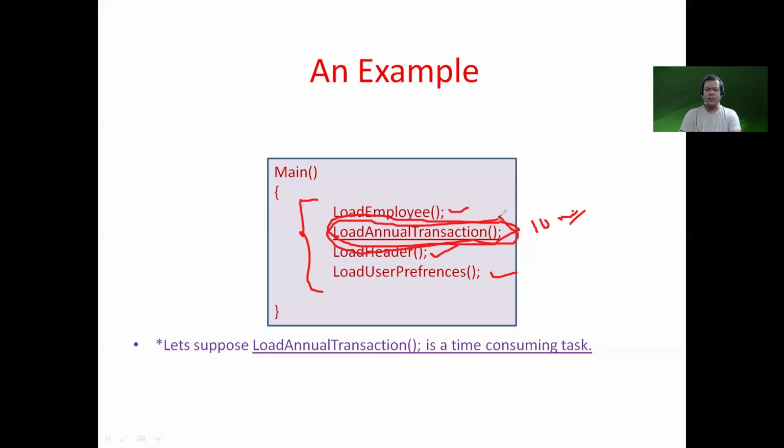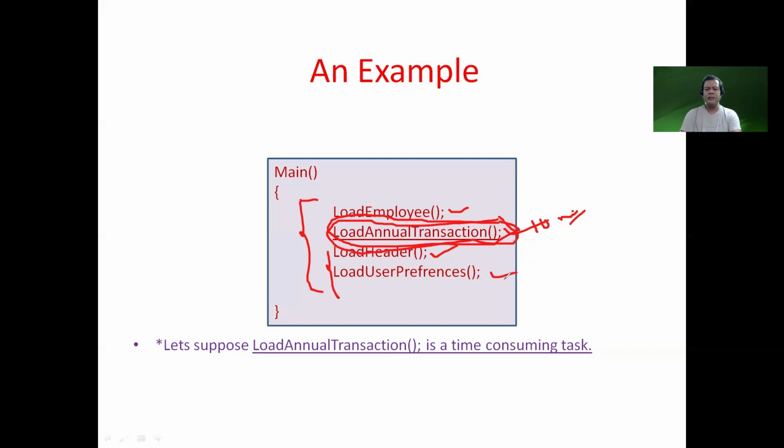In a lot of cases, the two functions that need to execute after this function are not dependent on this method. So in that case, these two functions need not wait for the result of the load annual transaction function.